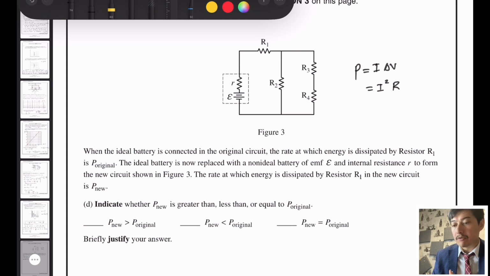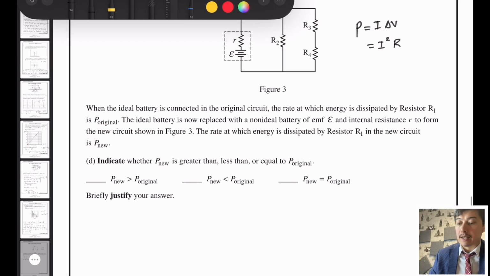And because we are increasing R equivalent, we are reducing the current on the main line, on the battery, which is also passing through R1. So because we are reducing the current, but the resistance of R1 is staying the same, power dissipated by R1 is going to be less than the original one.